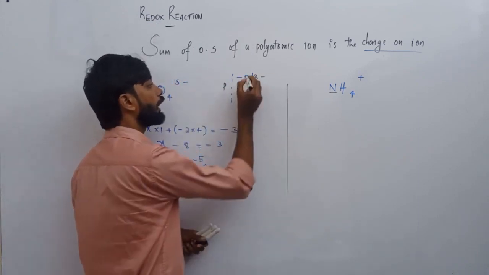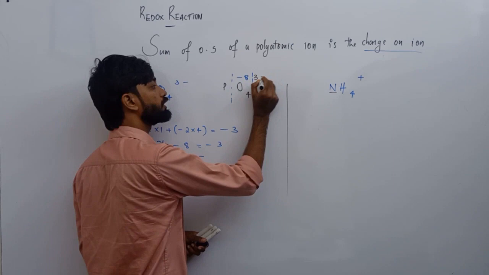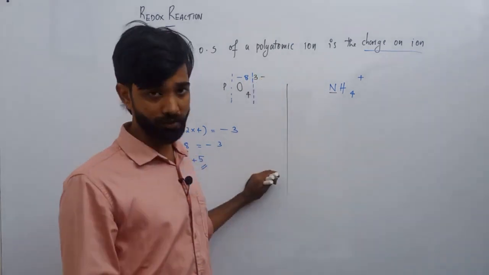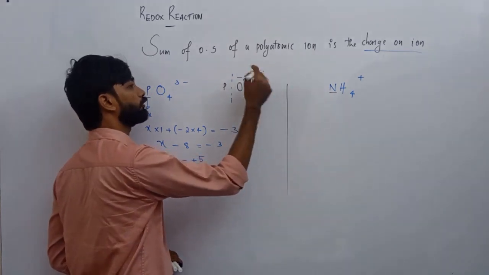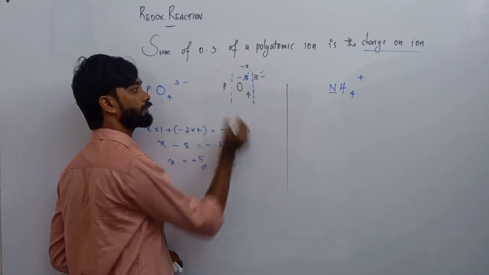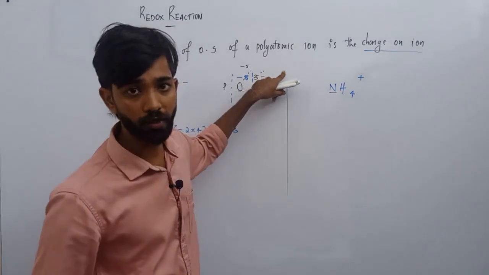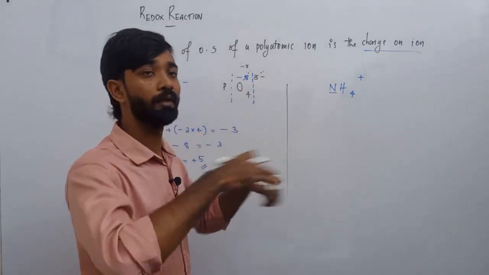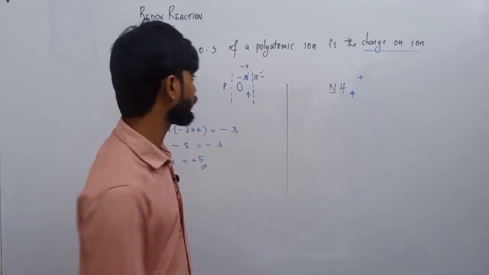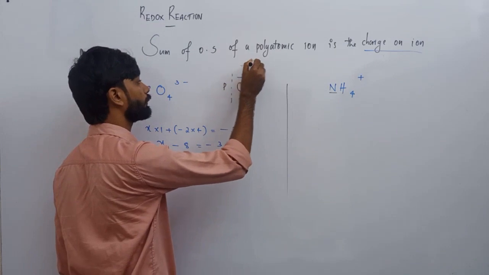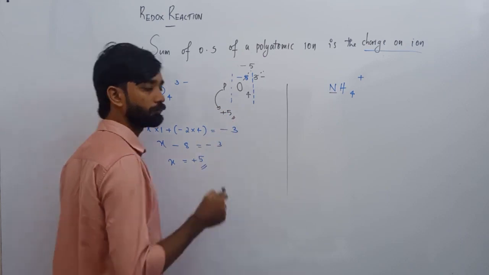This -8 is the total charge, not the charge of one atom. The ion already has a net charge of -3, so you simply cut -3 from both. There remains a charge of -5, so phosphorus has to offer +5. The idea is the same, both methods give the same answer.